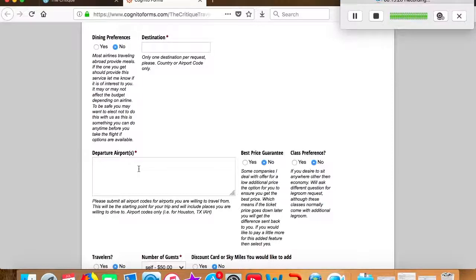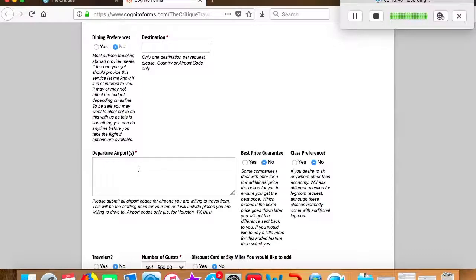If you don't mind traveling 3 or 4 hours by car to get to an international airport, it can save you hundreds, if not thousands of dollars. This is how we are able to travel for as low as we do.